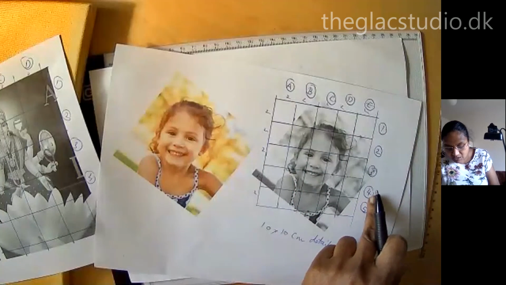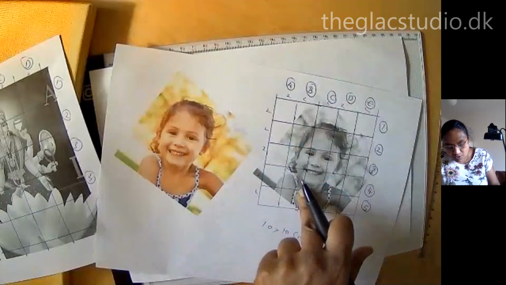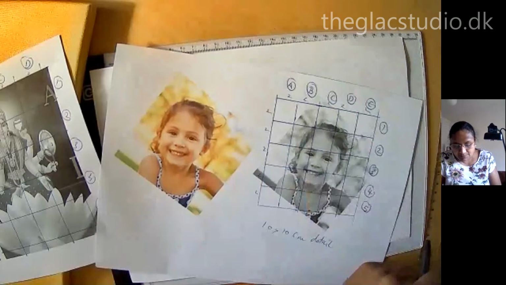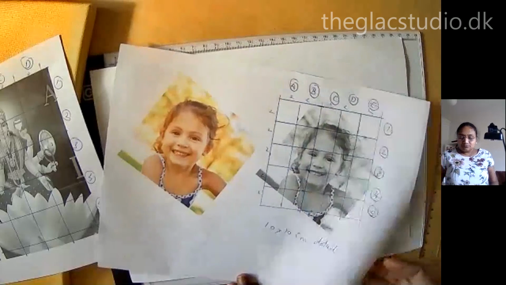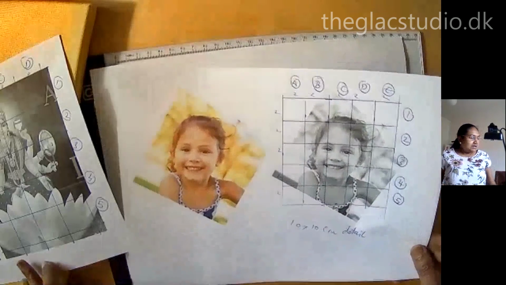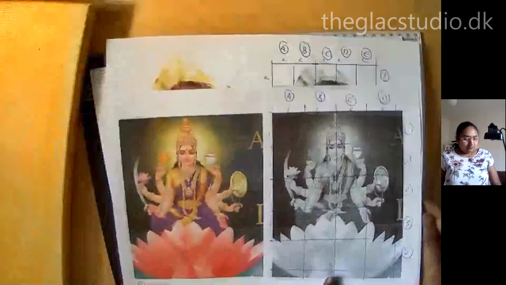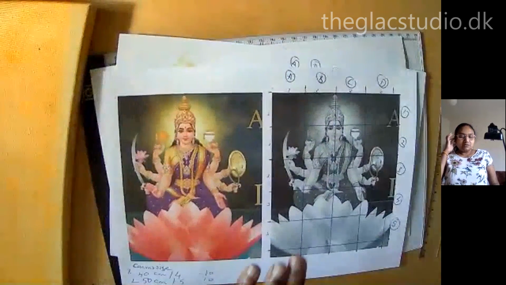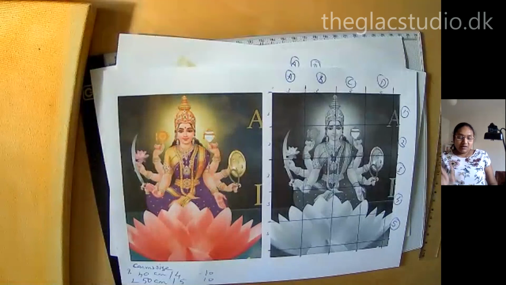Let's say 4C, C4, then we are talking about how to build her lip and the teeth. So that's the detail, and that is the superstructure. Planning started. Yes, we have done the planning here.